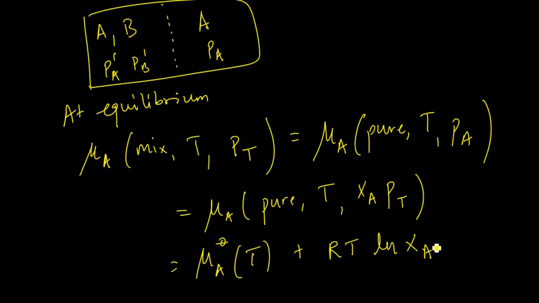We cannot write this for B because there would be no equilibrium for it. There's nothing on the right.